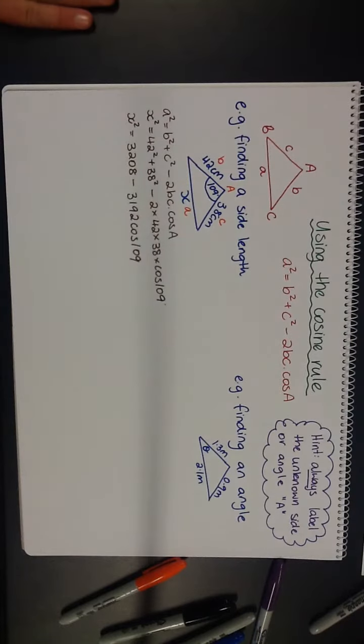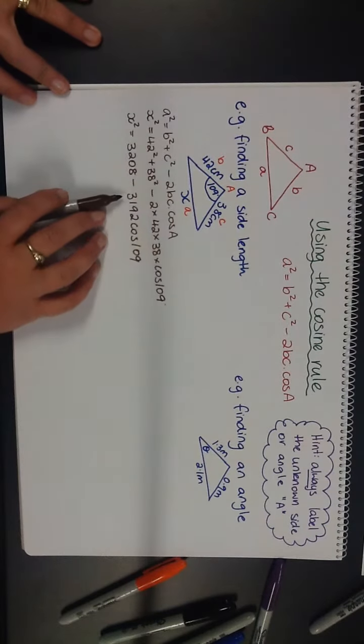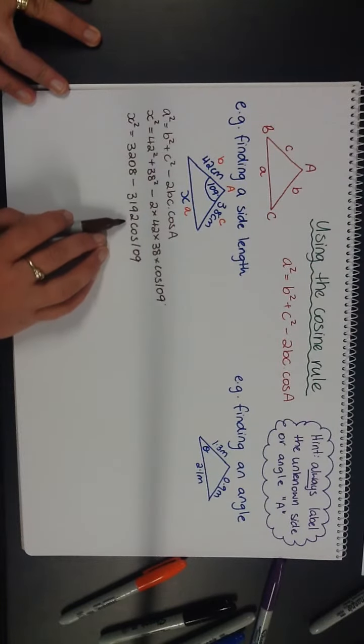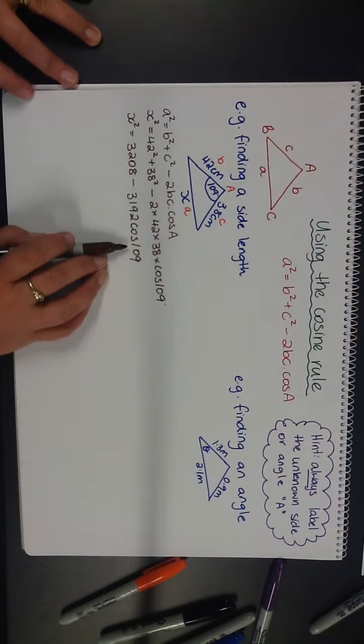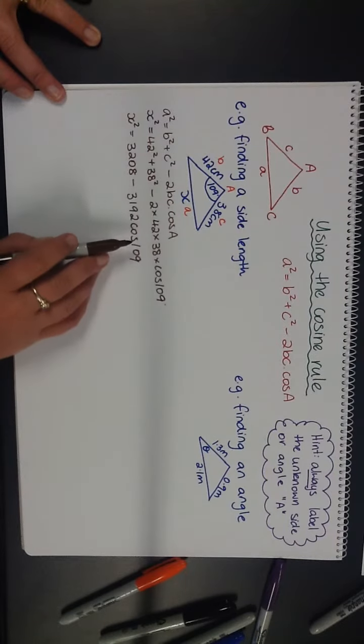Alright, so that's simplified our equation a little bit for us. If you need to, you can go one step further and calculate 3,192 multiplied by cos 109, but it's going to mean that you're rounding off very early during your equation. So if possible, try and leave that all in one step.